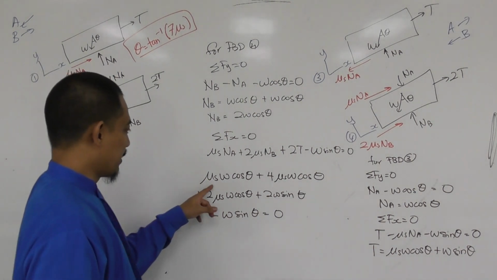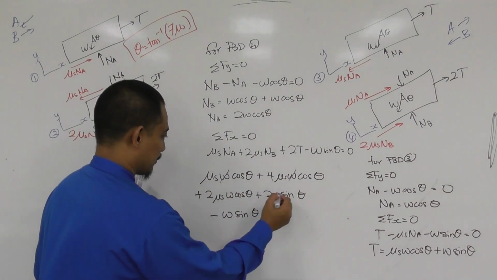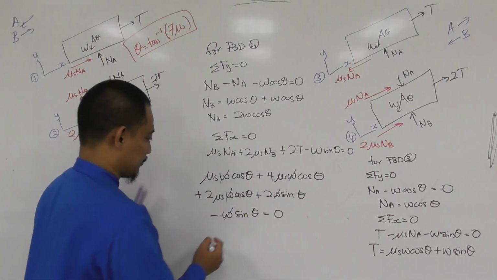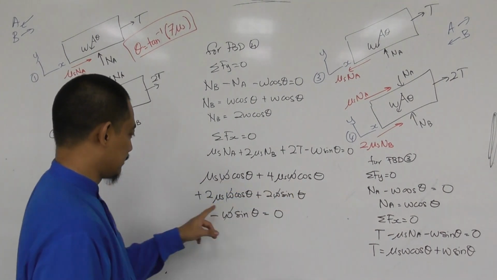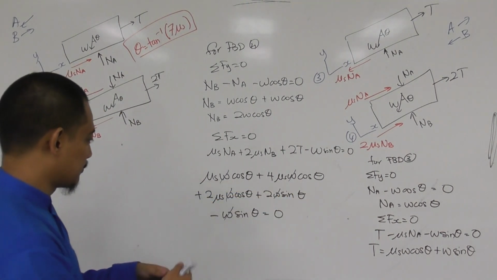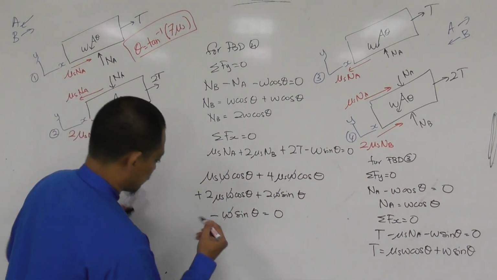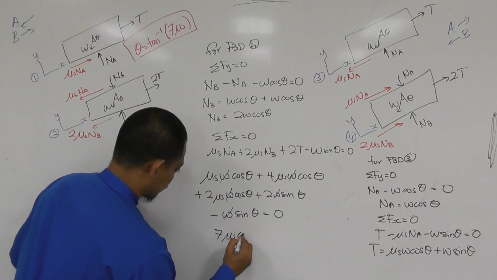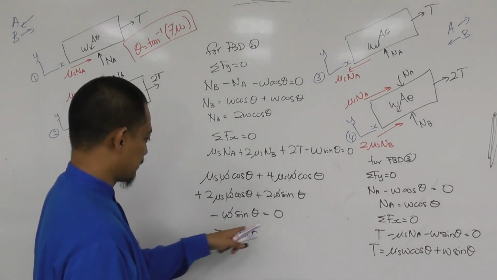Alright, here we can already cancel all the W's, right? So mu s cos theta, 4 mu s cos theta, and 2 mu s cos theta becomes 7 mu s cos theta, plus 2 sin theta minus sin theta.